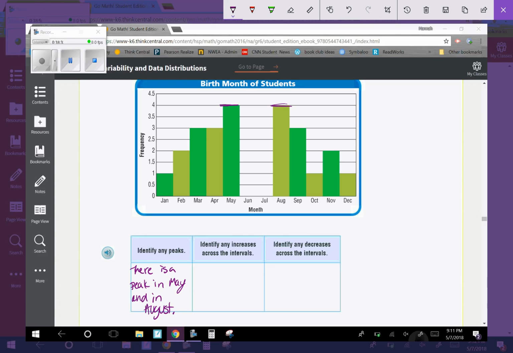Identify any increases across the intervals. So January to March, it increases all the way up to here.